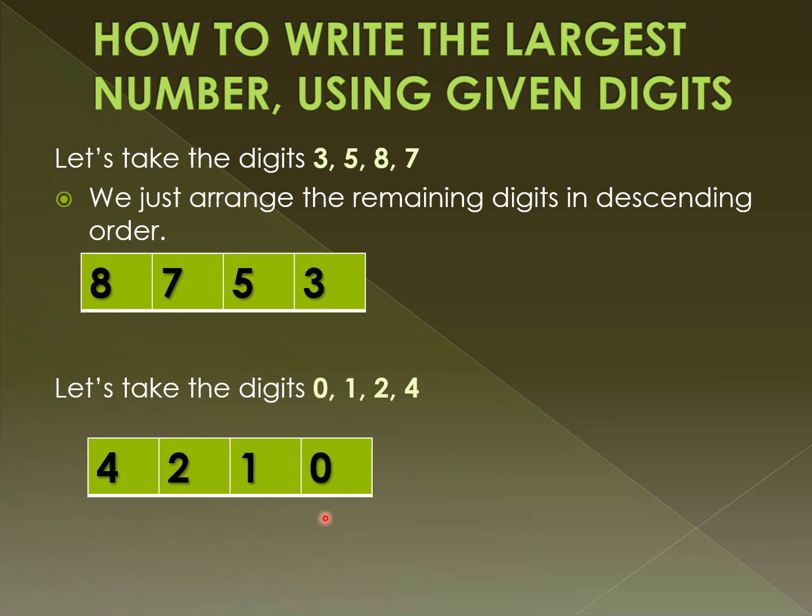So the greatest number that we can form using the digits 0, 1, 2, 4 is 4210. So this is how we can form the largest number using the given digits.